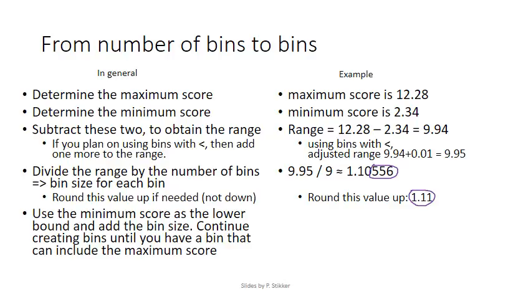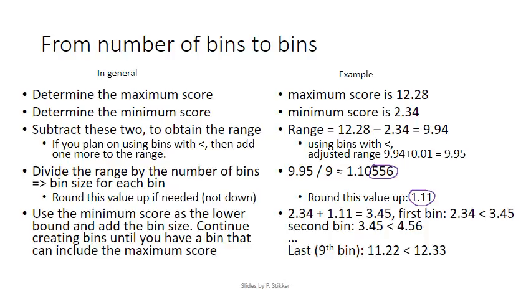Then use the minimum score as the lower bound, add the bin size, and then keep on continuing to create your bins. So in my example, my minimum score was 2.34. So 2.34 plus the bin size, which was 1.11, gives me 3.45.